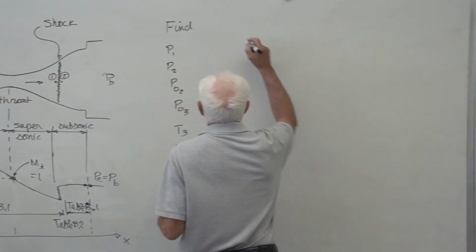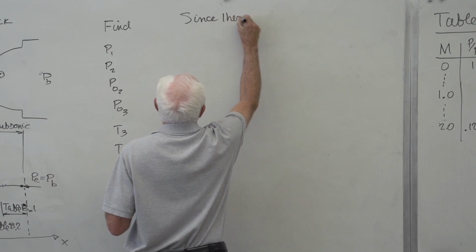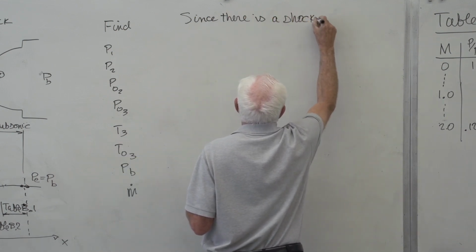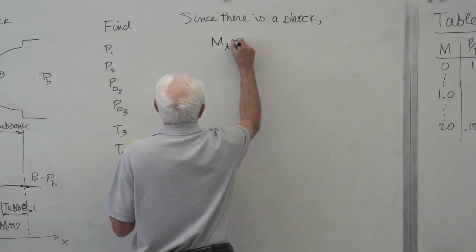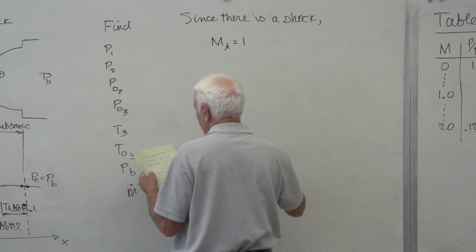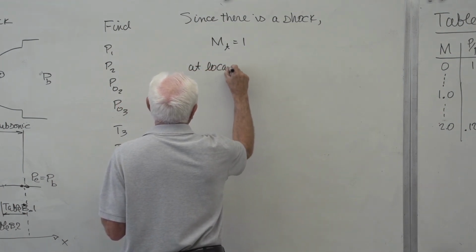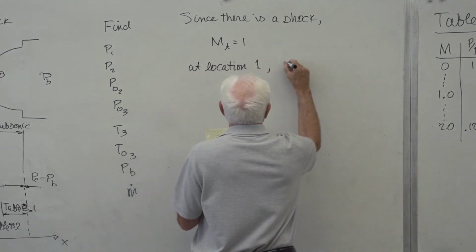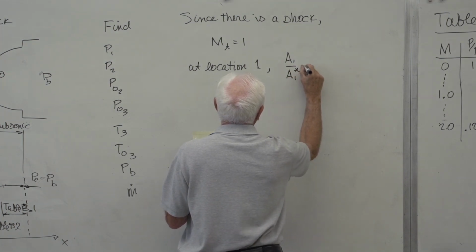Okay, since there's a shock, I know Mach number at the throat equals 1. Got it. At location 1, A1 over A1 star.